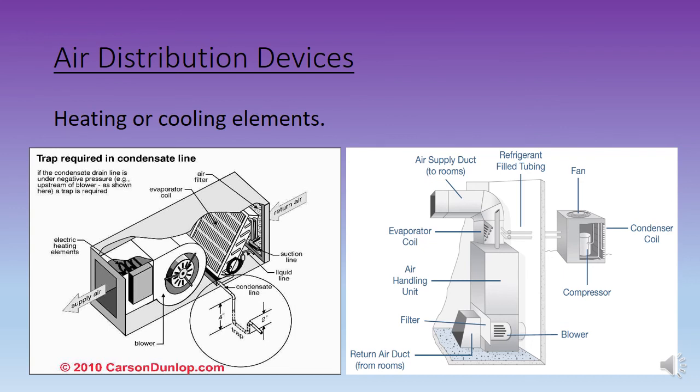And if the condensate drain line is under negative pressure, that means the drain water will flow back to the coil. So to avoid this, we can use a trap in the condensate line, so that there is no flow back of the condensate water.